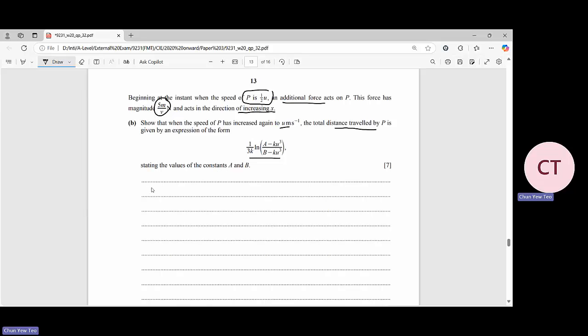So now we have to recalculate the forces over here. So we have 5m over V minus mkv squared is equal to ma.